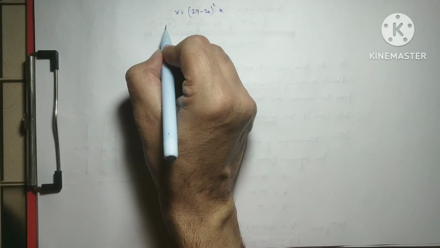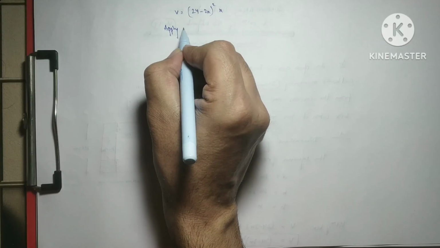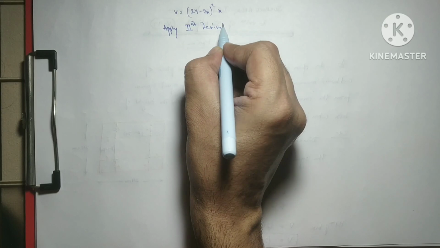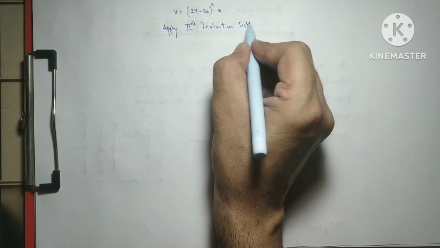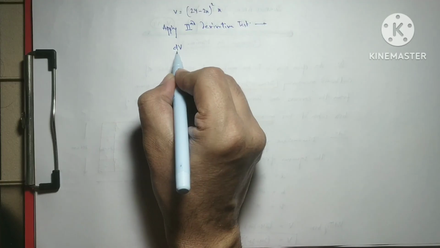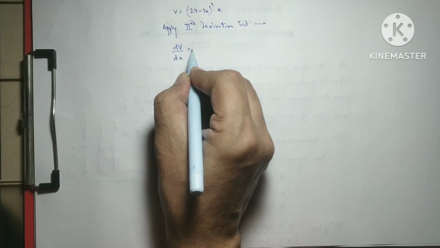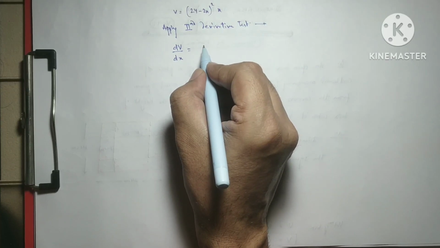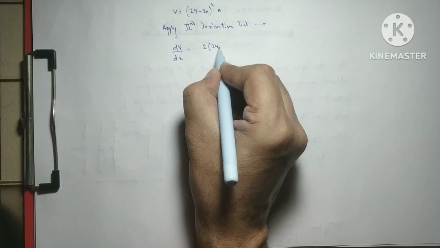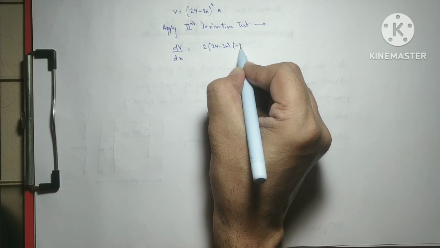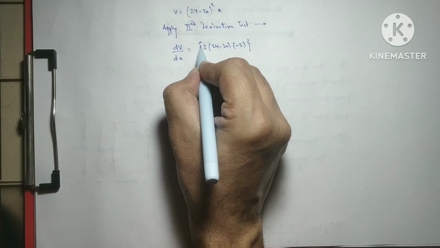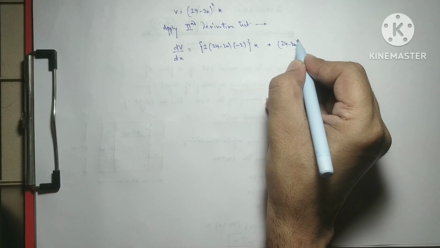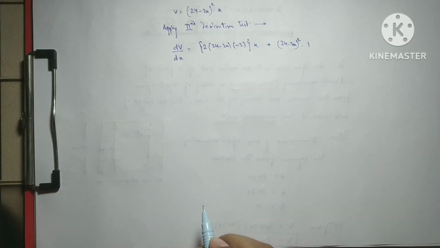On applying the second derivative test, the first derivative of volume with respect to x, we will use the product formula. The differentiation of the first part is twice 24 minus 2x into minus 2, and x as it is, plus 24 minus 2x whole square as it is, and the differentiation of x is 1.